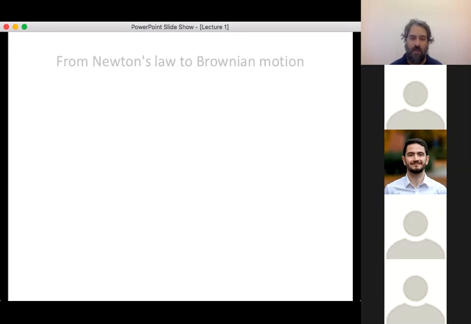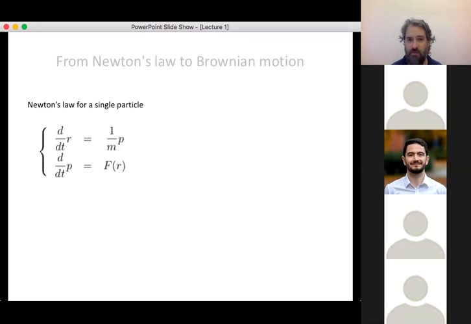To do that, I want to take a step back to Newton's law and see how we go from there. All of you know Newton's law. Can you recognize what this is? I guess all of you recognize that this is F equals ma, just written in a more complex form, Newton's law for a single particle.